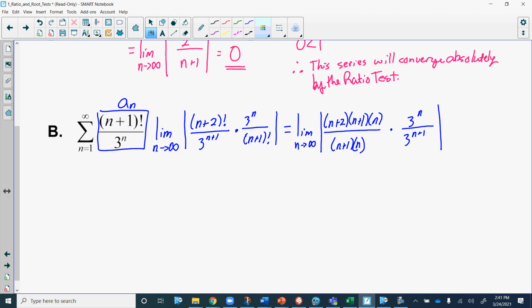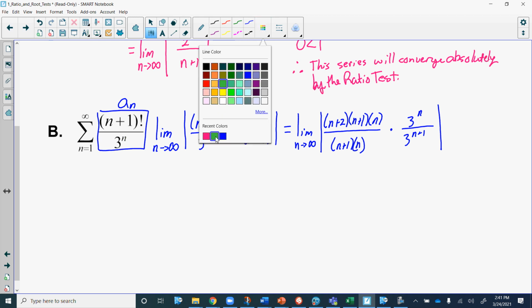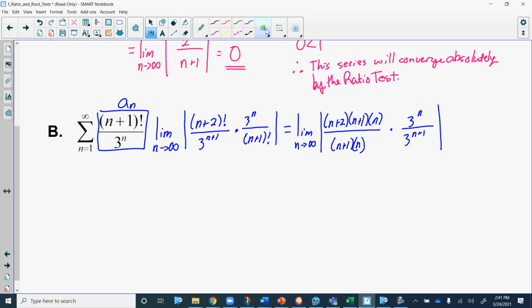So what we're going to see as we start simplifying, here n plus 1 over n plus 1 simplifies to be 1. n factorial over n factorial simplifies to be 1, leaving me an n plus 2 in the numerator. Now the expression on the right with the exponents with a base of 3, I'm going to just subtract the exponents from each other. 3 to the n plus 1 power minus n is just 3 to the first power, or just 3.